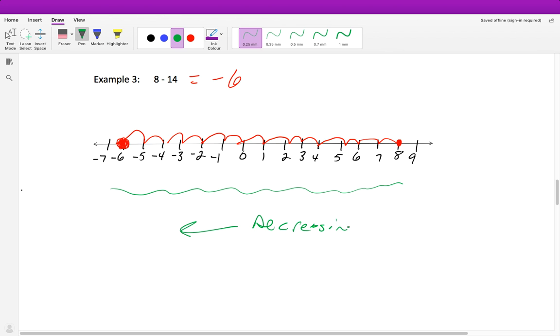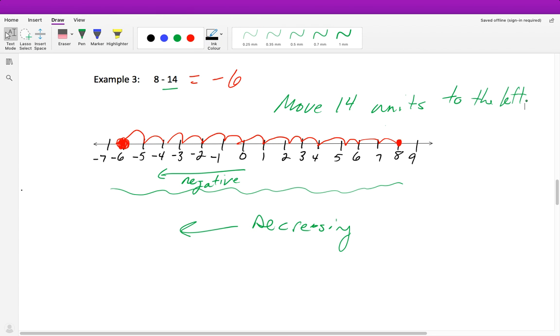And once we get past the 0, to the left of the 0, we are on negative numbers. So I do expect that you could create this number line and simply move the amount of units that you need to. Because if we're subtracting 14, this means we need to move 14 units to the left.